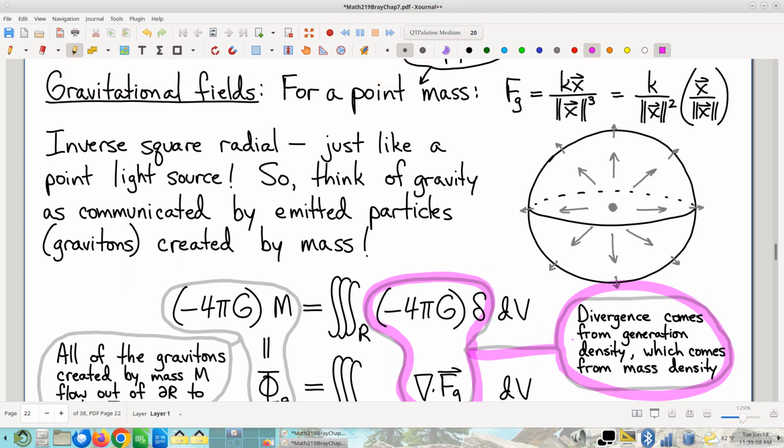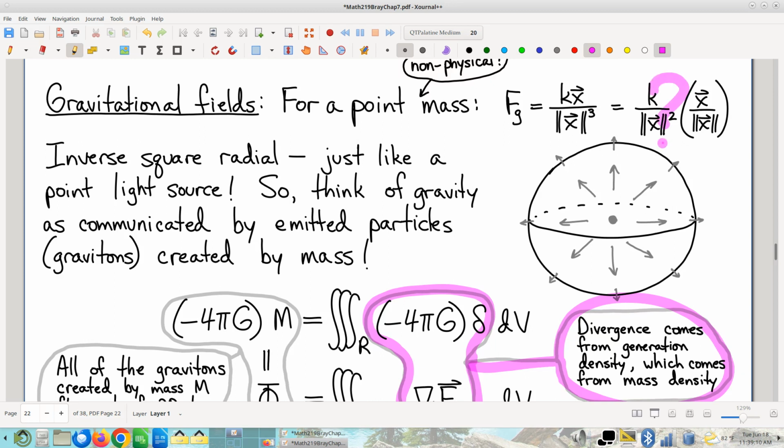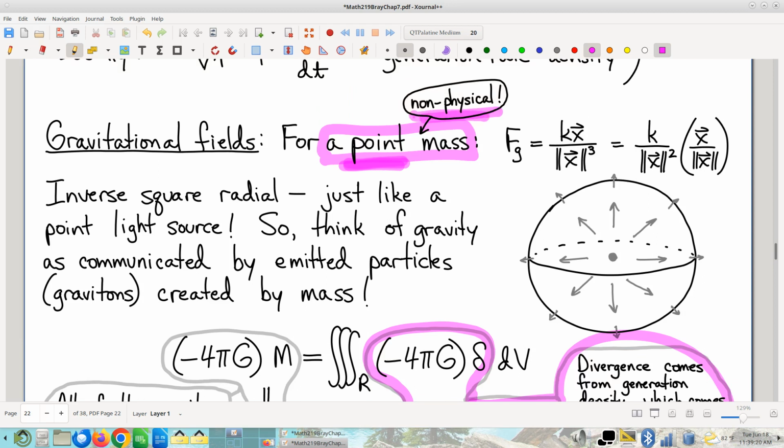Now, it's tempting to say, well, can't I just compute the divergence of this? And the problem is, computing the divergence of that only applies if you have a single geometric point mass, which is not really how the physical world works, is it? Mass is not at geometric points. That's an abstract construction that we make for convenience. So that's not the real world.